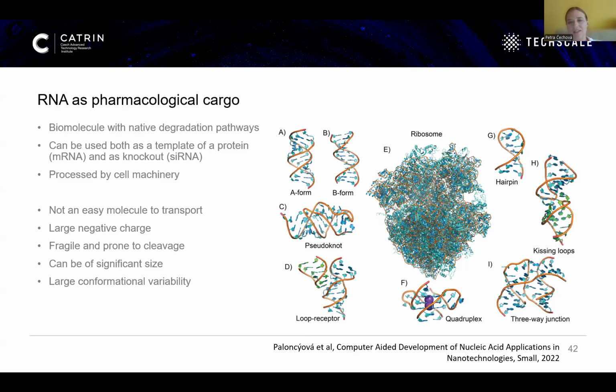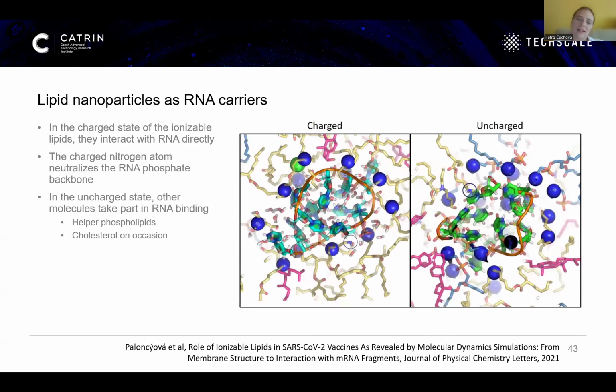So the inner structure of RNA is really complicated, and it's a molecule that reacts easily. So that's why we are trying to wrap it up in the lipid nanoparticle to deliver it where we need it to go. And one thing the ionizable lipids do to help protect the RNA is that when they are charged, in the protonated form, there is a positive charge on the nitrogen atom, right?